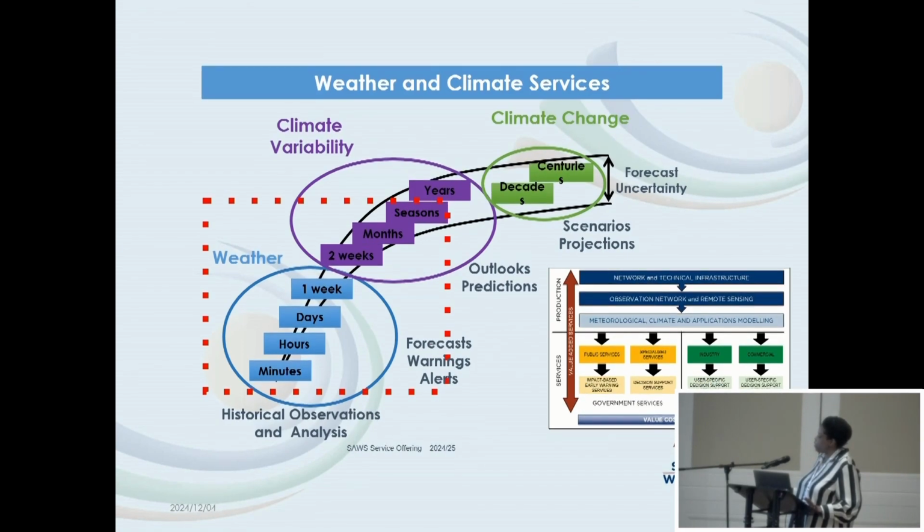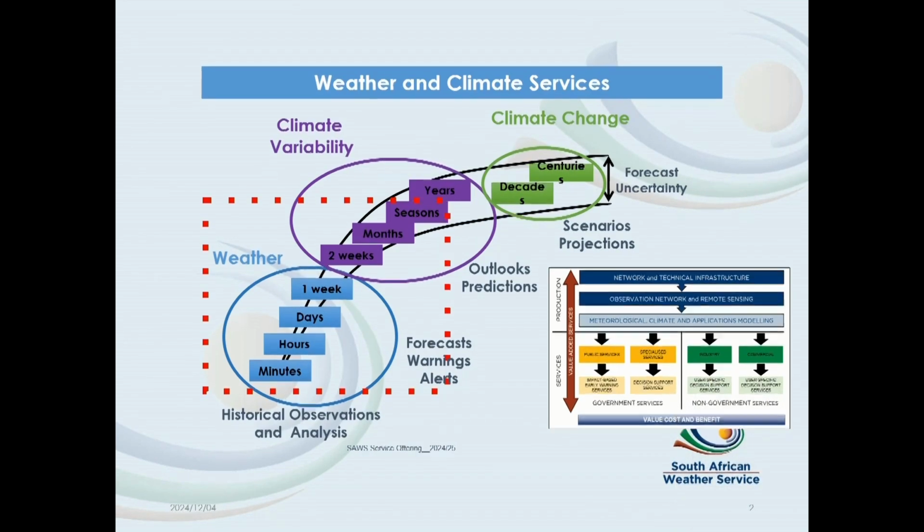And then when you have all of this set up, we have your seamless forecasting system, that is your meteorological, climate, and applications modeling. If you see in this picture here, everything starts off with good historical observations or climate data on the ground. And then we have your weather forecast, from the scale of minutes up until a week.